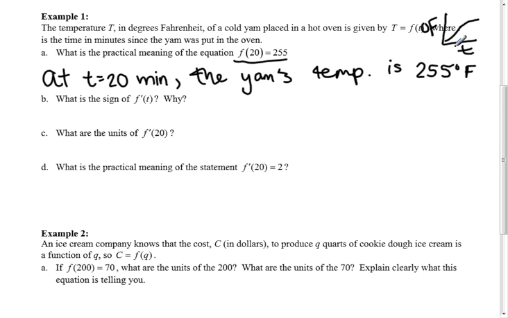Well, the temperature is increasing. It's going up. We put a cold yam in a hot oven, the temperature is going to go up. So the sign of that would be positive, and that's because our temperature, or if you want to think about it, f of T, our original function, is increasing.